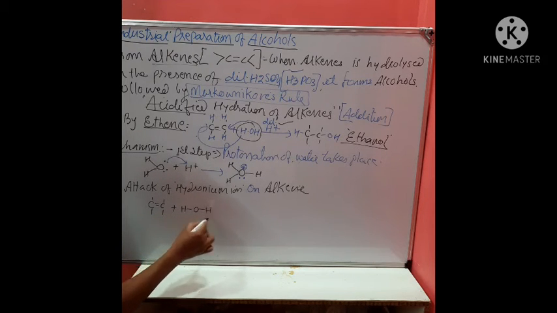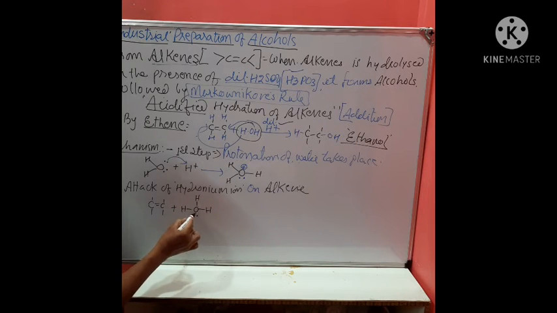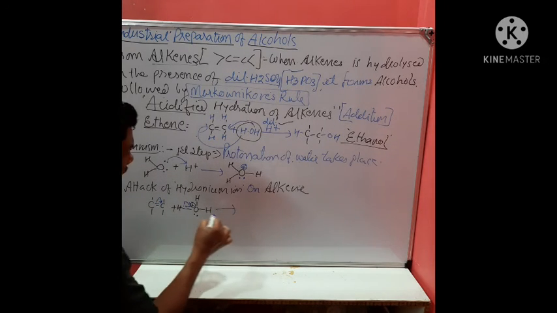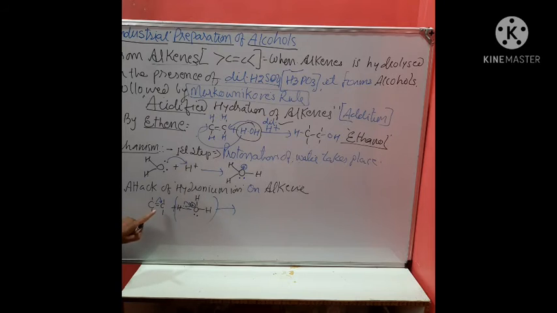Plus H3O, this is H, and this is one more H, and there is one lone pair with positive charge. That means there is electron deficiency. So this electron pair is again gained by oxygen, and the pi electron pair is shifted to the adjacent carbon atom. When the hydronium ion attacks on alkene, the pi electron pair gets shifted.